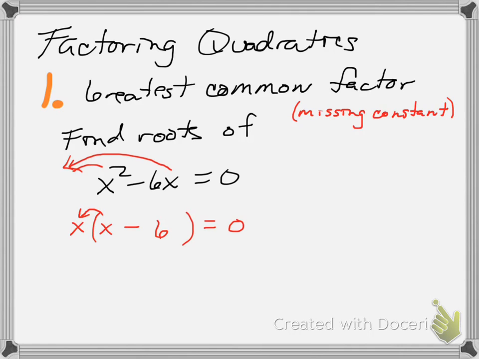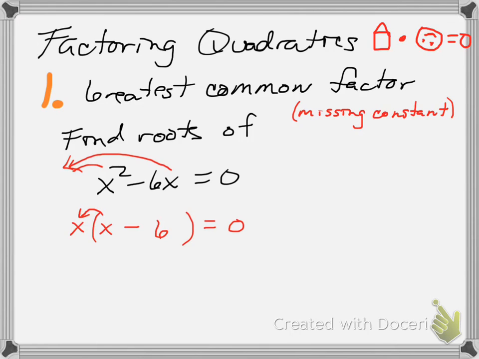And then you could check it by mentally redistributing it and making sure that it's the same. Okay? And now what we have is two factors that equal 0. x times x minus 6. And in the wing ding at the top, I have house times upside down smiley face equals 0.